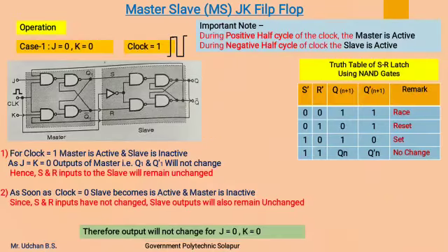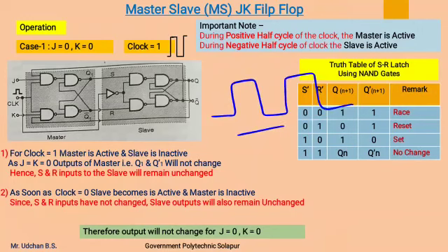Now we will see the operation of master slave JK flip-flop, which is very similar to that of level triggered JK flip-flop. We will see one by one. In this, we have to keep in mind that a clock input pulse has a train of positive and negative clock pulses.